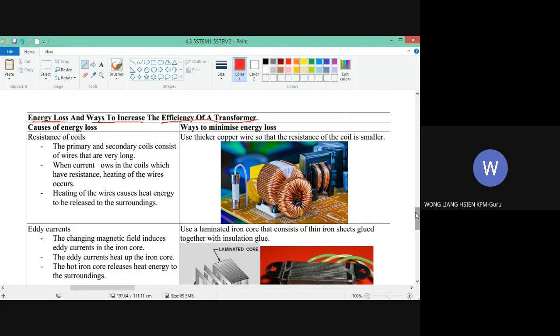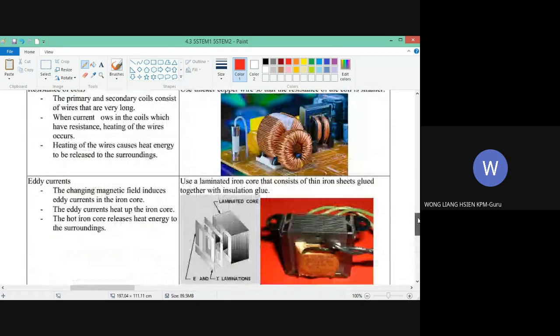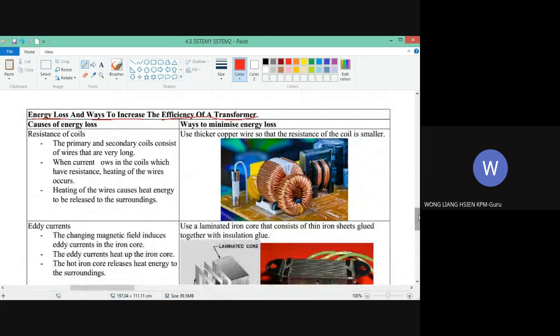Understand the kind of question that comes out in section B or section C. So you need to have the knowledge of this part.